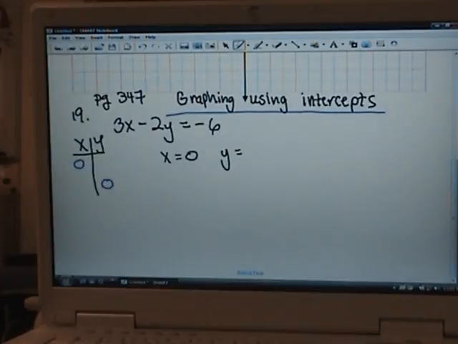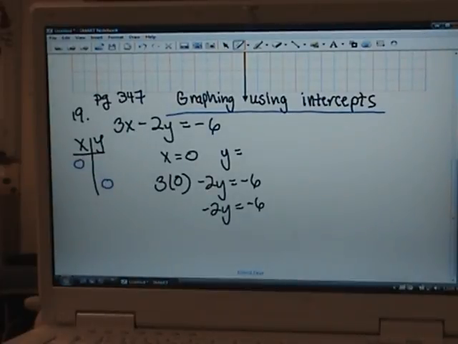What does y equal? 3 times 0 minus 2y equals -6. -2y equals -6. Divide both sides by -2 or multiply by -1/2. And y equals 3. A negative over a negative is a positive.